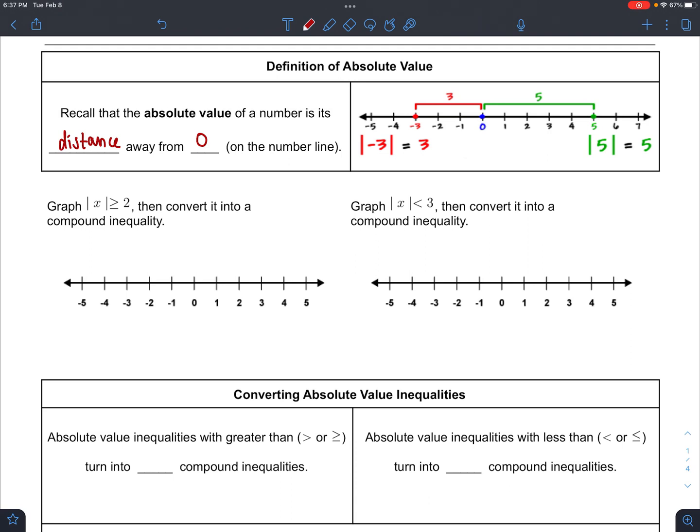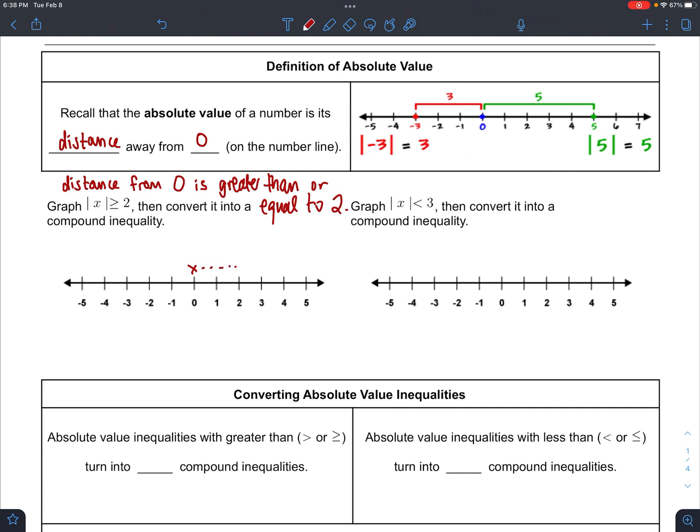So if we want to graph the distance from 0 is greater than or equal to 2.